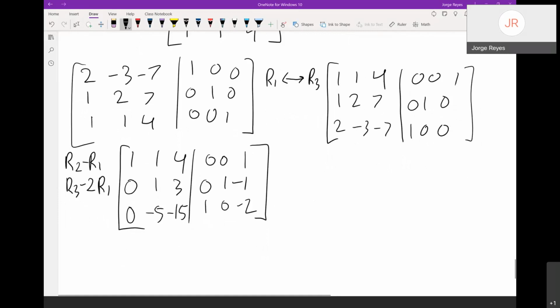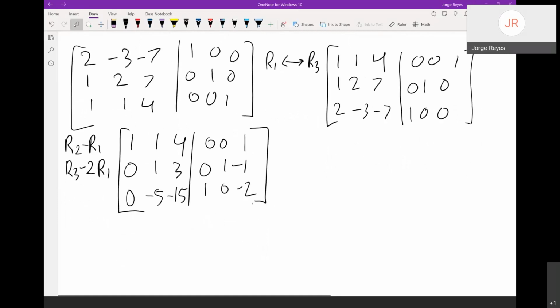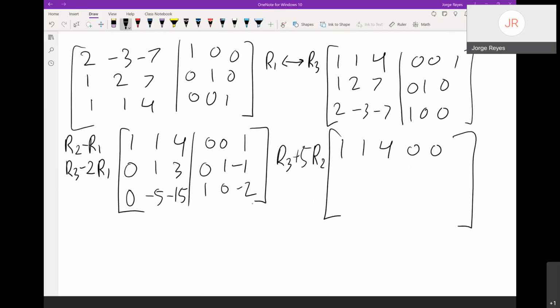Great. Now, right, I want to get rid of this -5. So I'm going to do row 3 plus 5, row 2. Okay. So 1, 1, 4, 0, 0, 1. 0, 1, 3, 0, 1, -1. 0, 0. Okay, so now I have to figure out the other one.